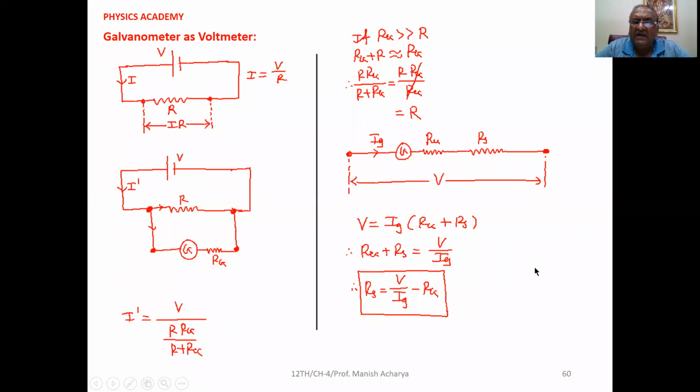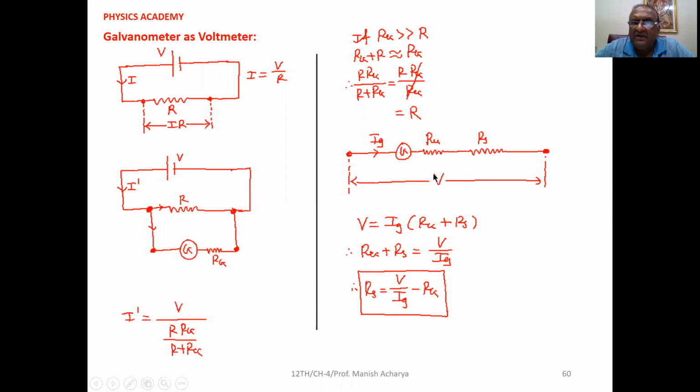See, to convert a galvanometer into an ammeter, theoretically we discussed that the resistance of the galvanometer should be 0. But practically it is not possible. So keep this in your mind: for an ideal ammeter, the resistance should be equal to 0.